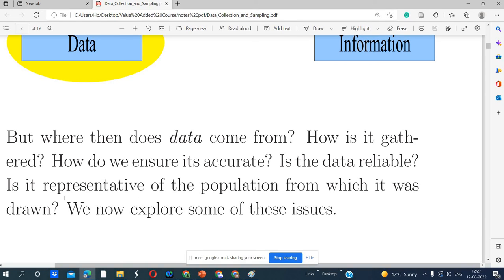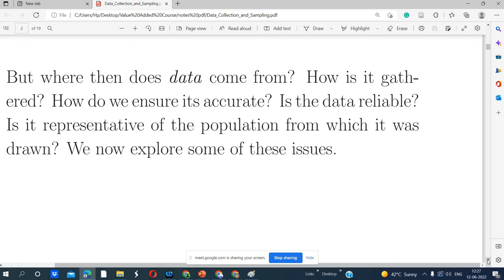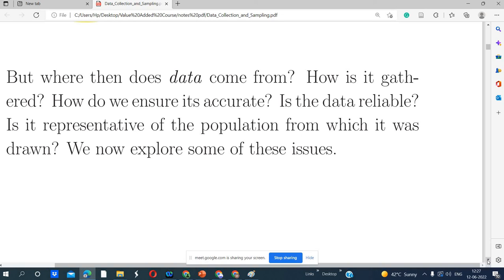Is the data reliable? Is it representative of the population from which it was drawn? So now we explore some of these. From the same area, we may have different kinds of shops. In one shop, we only find simple dresses. In another shop, we find stylish dresses. So is the data reliable?